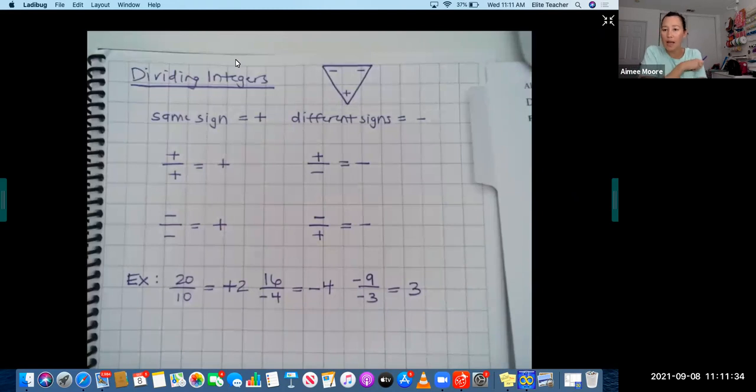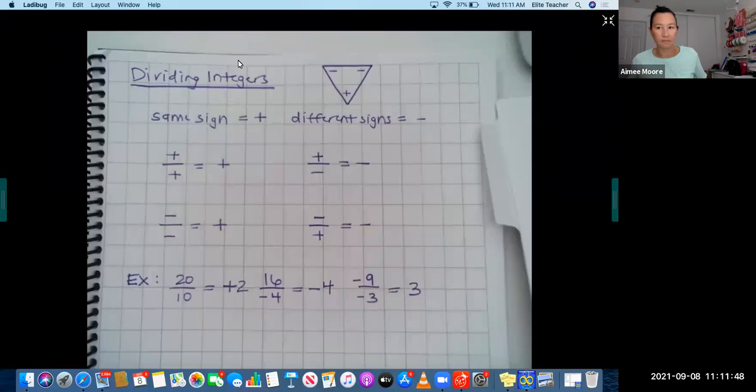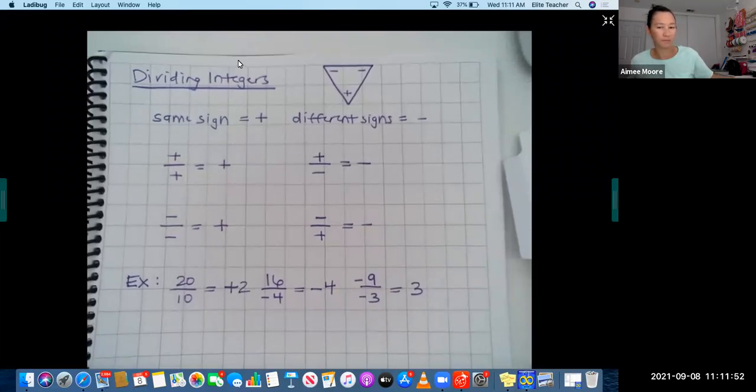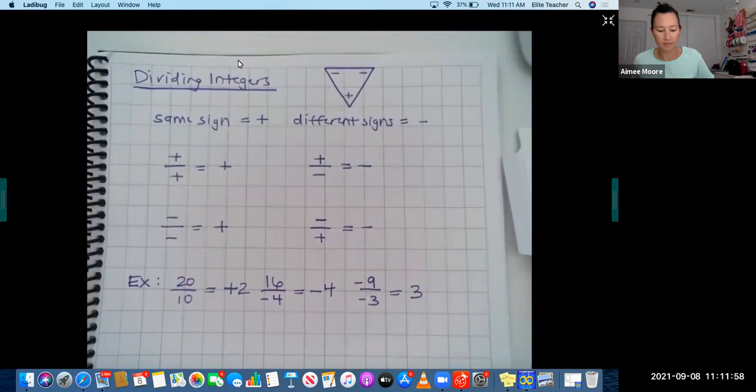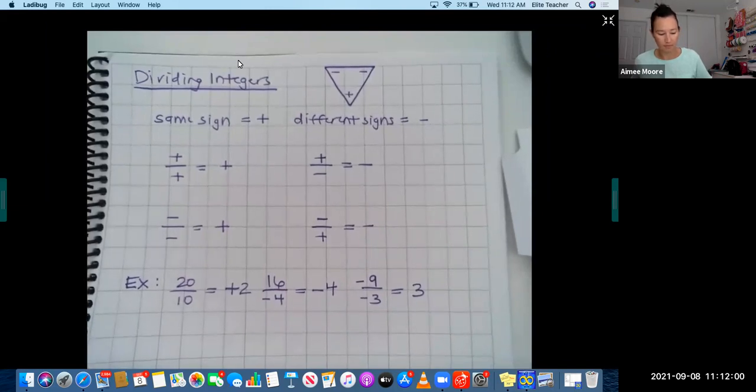So make sure to write it as we go through it, and then that way you can just upload it and be done with your dividing integers work when you leave here today. Okay, does anyone need more time with the notes before I take it off?